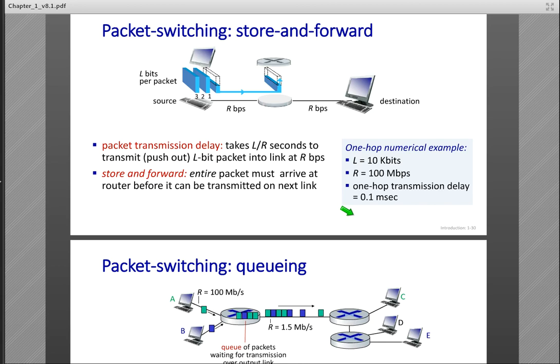Here we can use pipeline strategy. How? When I'm sending a packet from one hub to another, from one system to another, at the same time I can send one packet from this router to the next hub.